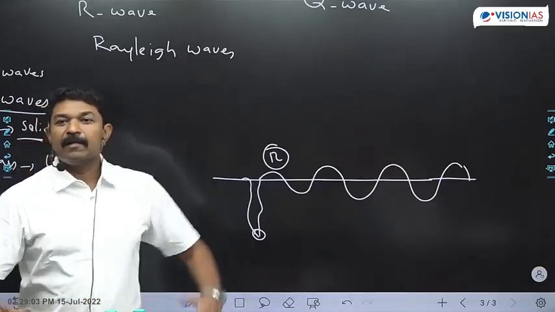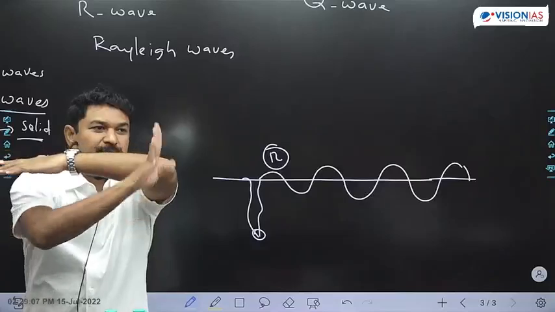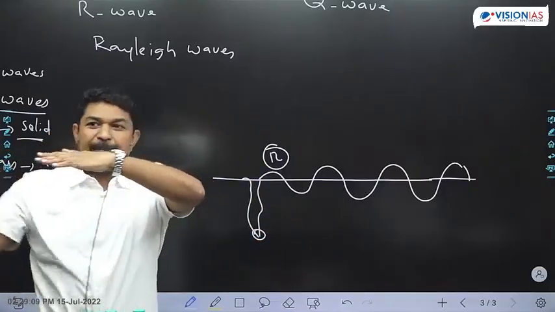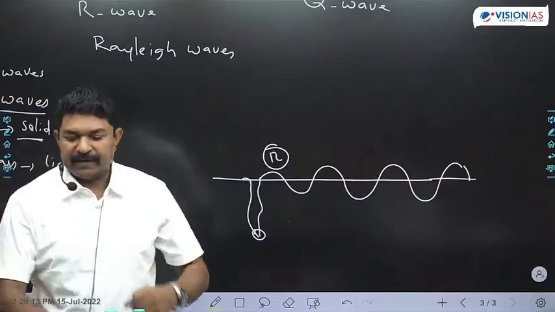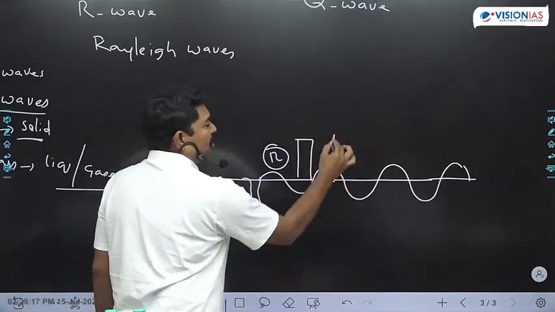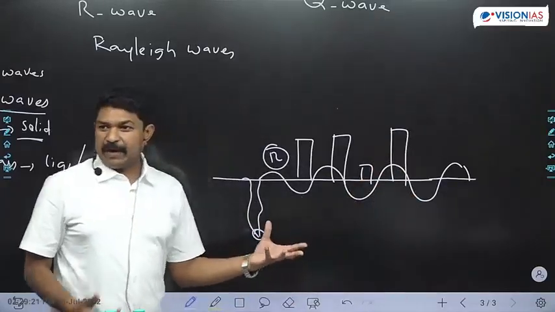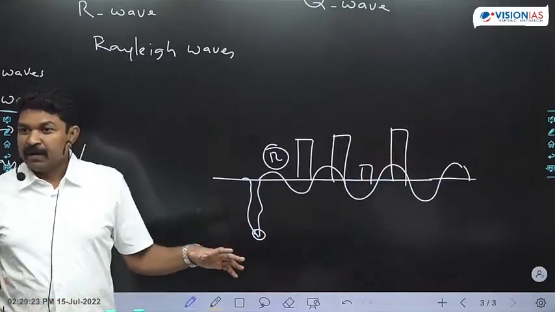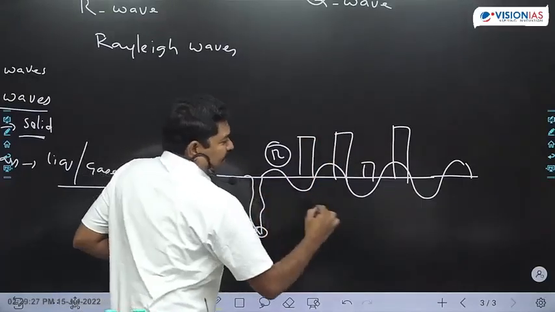Meaning what? If this is the surface, the wave comes and moves up and down, creating crest and trough. What is there on the surface? Very tall towers like this. We have constructed so many buildings, right? Now, whenever the R wave is moving, see here, how is the wave moving?